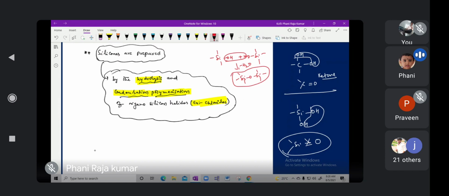So instead of removing water from one molecule of the silicon compound, it is better to remove water between two or more molecules. That is called condensation polymerization. But the name given is silicones. Silicones look like ketones, but the bondings are entirely different. In ketones we have C double bond O groups. In silicones, such Si double bond O linkages are not possible because of the low ability of forming p-pi multiple bonds between silicon and oxygen.